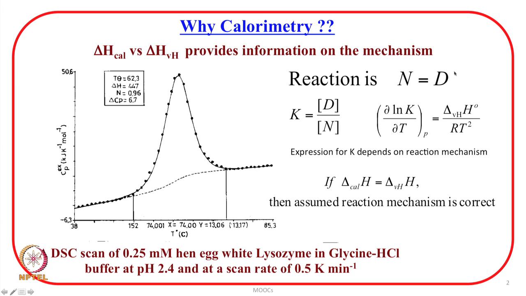So, if I assume that this is my reaction mechanism and write an equilibrium constant for that, get the temperature dependent equilibrium and get the van 't Hoff enthalpy, then if it is equal to calorimetric enthalpy, that means my assumed reaction mechanism is correct, because the output is obviously depending upon the reaction mechanism.